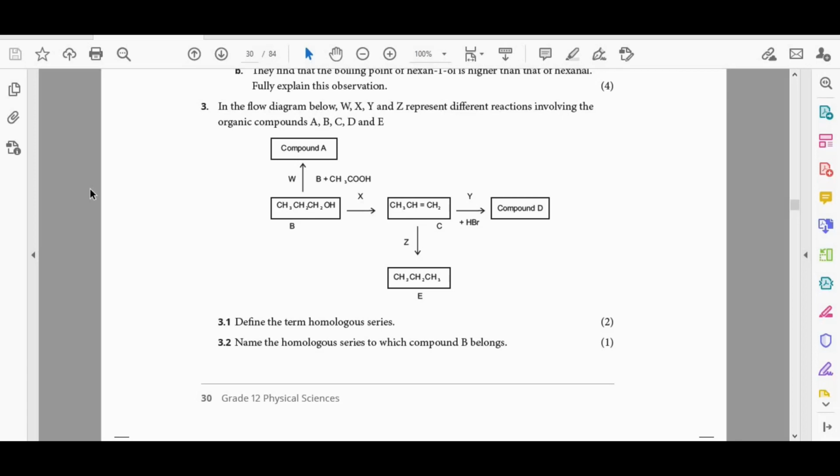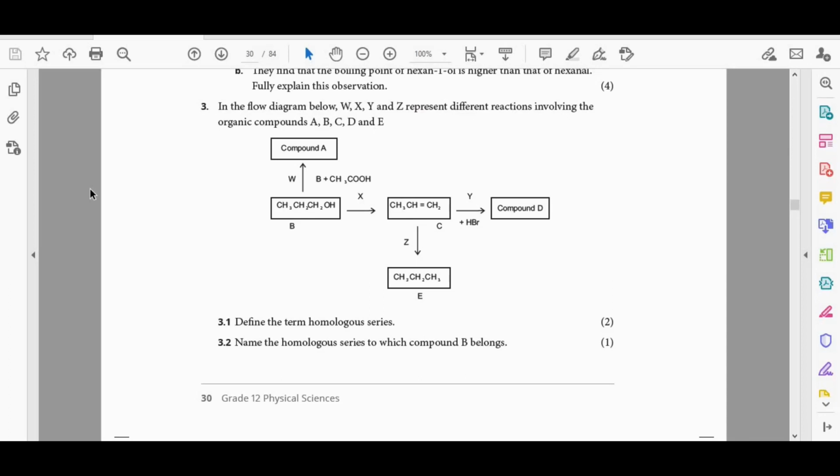Another type of definition: a homologous series is a group of compounds containing the same functional group and thus can be described by the same general formula. You also would have received the marks there.